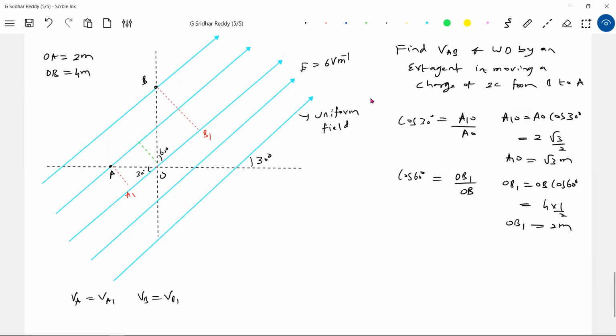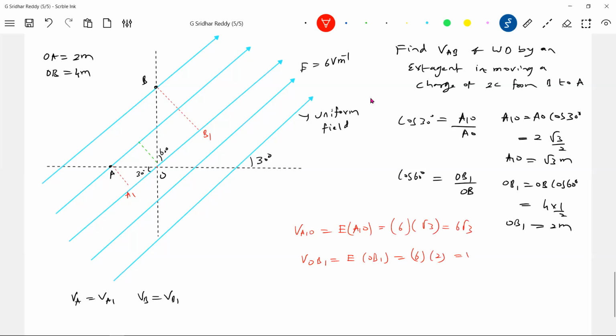Look at here now. So I want AB1. First, let me calculate potential A1O. What is potential A1O? It should be equal to the field strength into distance A1O. What is the field strength? 6 into A1O, which is √3. Similarly, potential difference VOB1 should be equal to field strength into OB1. What is the field strength? 6. OB1 is 2. So 6 √3 plus 12.